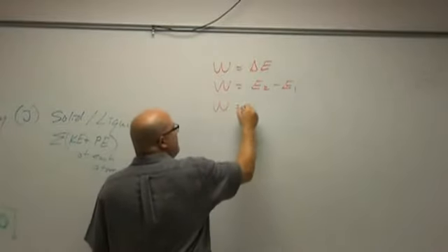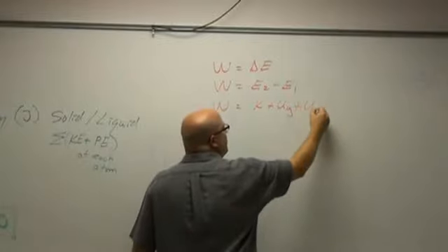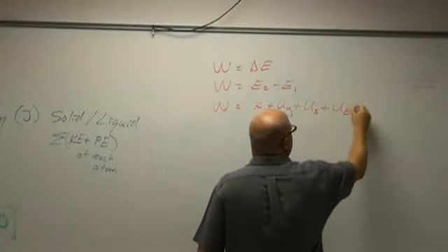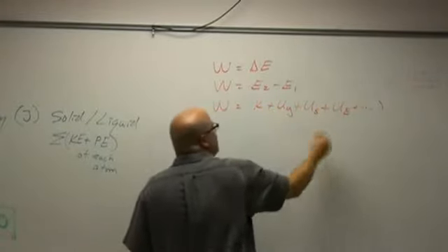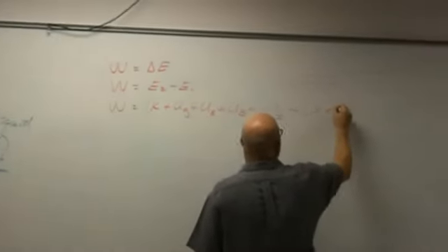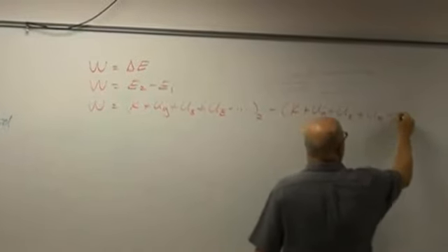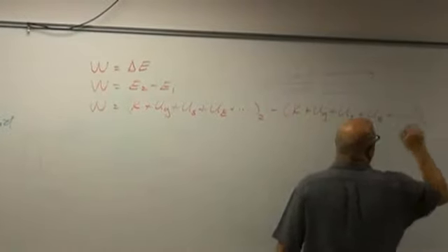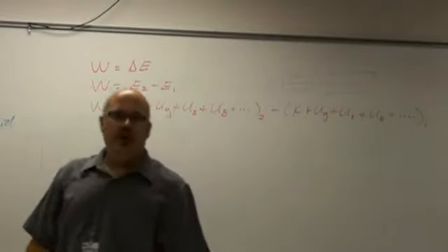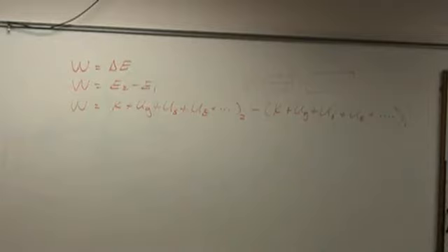That's technically kinetic plus gravitational plus spring plus electric plus however many others you have, 2, minus kinetic plus gravitational plus spring plus electrical plus however many others you have, 1. Because you could have any of those types of energies before and after, correct? Okay, so it just looks ugly when I write it all out.